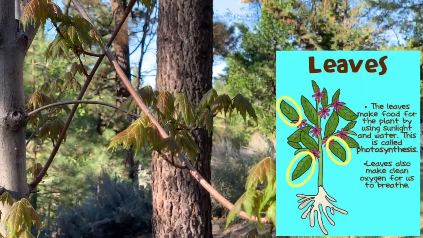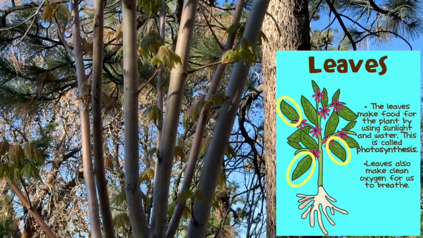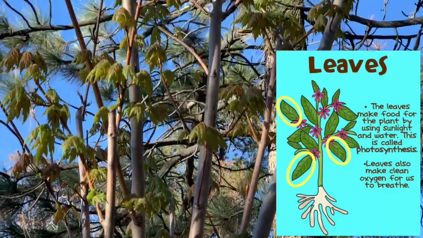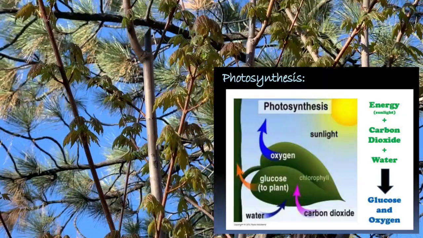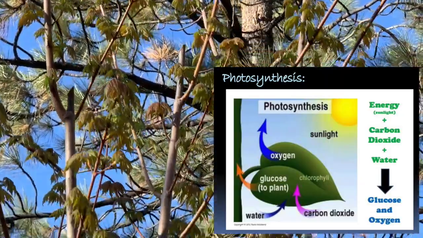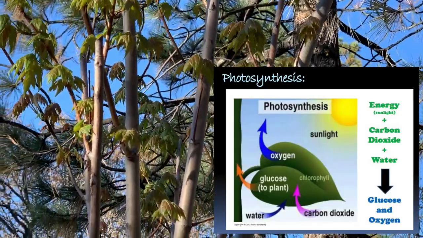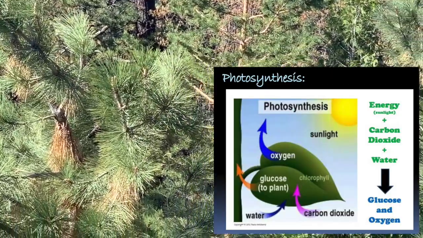Leaves have a special role to play in the plant's life cycle because leaves make food for the plant by absorbing sunlight and water and the carbon dioxide from the air and going through a chemical reaction called photosynthesis.